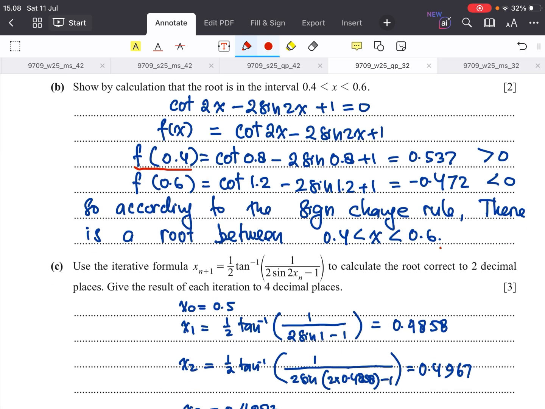And then C, use the iterative formula x n plus 1 equals half tan inverse 1 over 2 sine 2x n minus 1 to calculate the root correct to 2 decimal places. Give the result of each iteration to 4 decimal places.